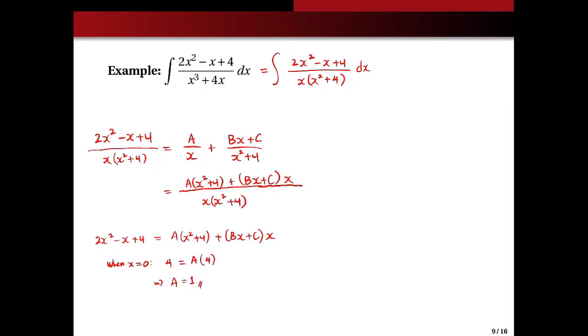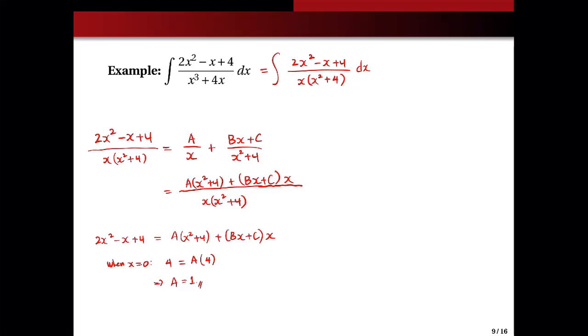But what about b and c? Take note of this. There are no real values for x for which x squared plus 4 will be 0.